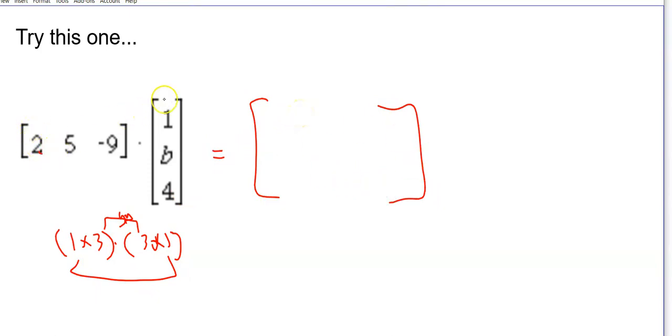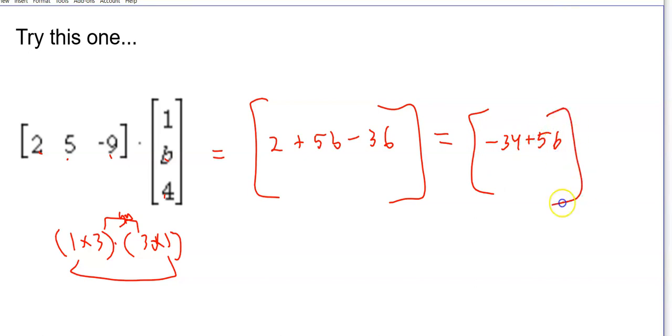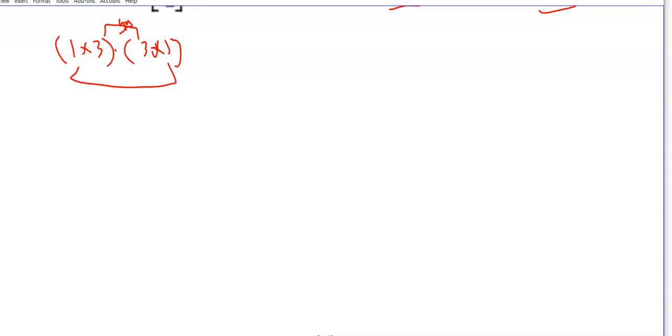So it'll be first times first is 2, plus second times second is 5b, minus 36. That can be simplified a little bit. So I think the only thing in here would be -34 plus 5b, or 5b minus 34. It's all one term there. It's a 1 by 1 matrix. Technically, that's one term. Doesn't add up nicely, but it is just one term.